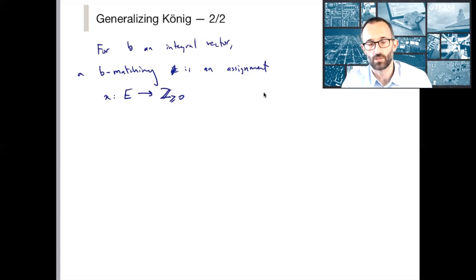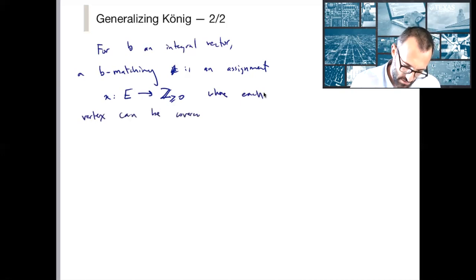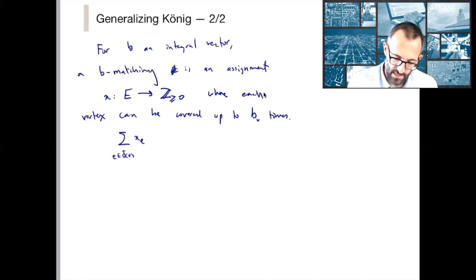So a selection problem is just mapping them to 0, 1. Where each vertex can be covered up to b_v times. So in other words, the constraint that we had before, that this had to be less than 1, is replaced by the more general constraint that this is less than any integer b_v, the vth component of b.